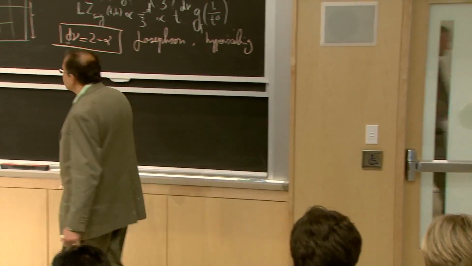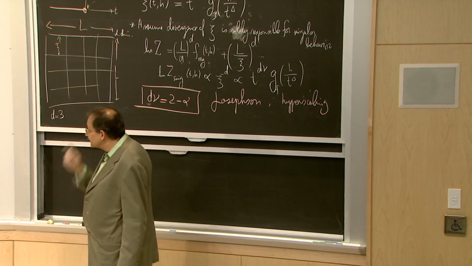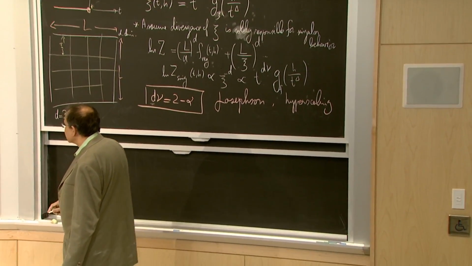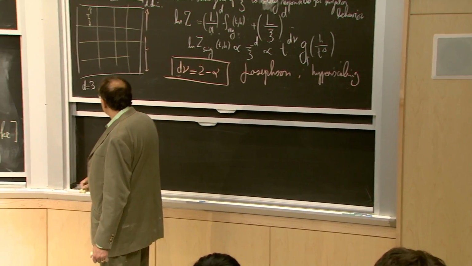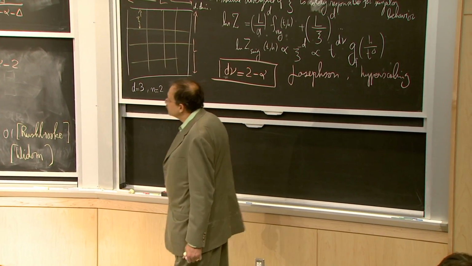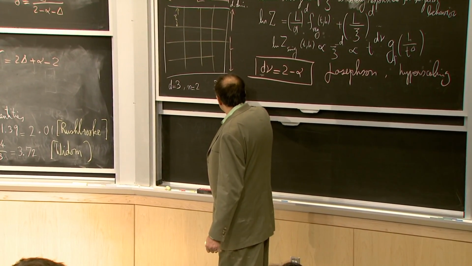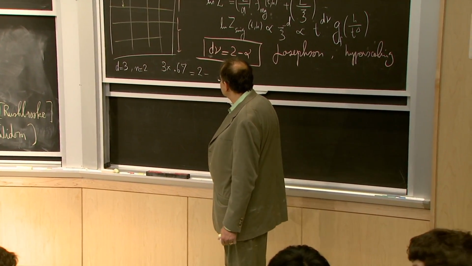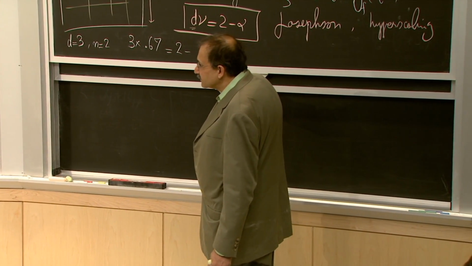But once again, the truth is really whether or not this matches up with experiments. So let's, for example, pick one of the entries in that table, d equals 3. Let's pick n equals 2, which we haven't done so far. And so what the formula would say is 3 times ν. ν for the superfluid is 0.67, and 2 minus α, well, α is almost 0, but slightly negative.